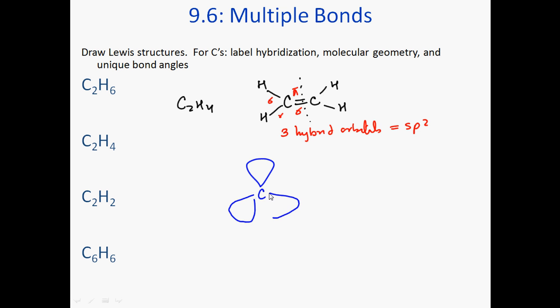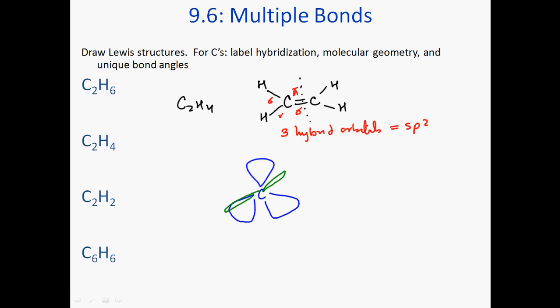They look like this. They are at 120 degrees from each other. And if it is SP2 hybrid orbitals, there is also one unhybridized p orbital because there are 3 p orbitals. In SP2, only 2 of the p orbitals participated. So there is the third one that's unhybridized.